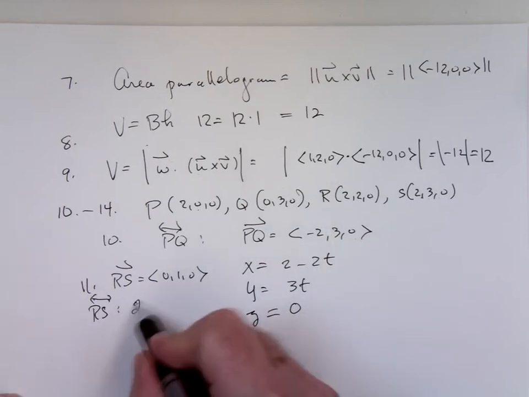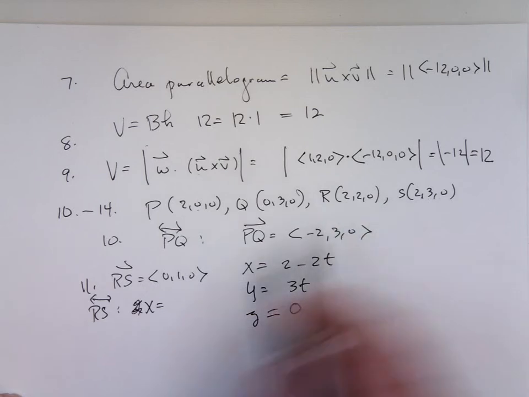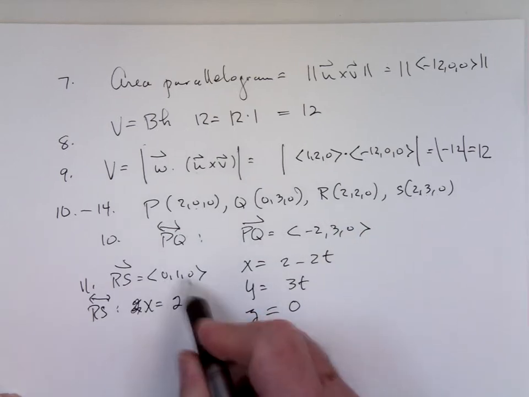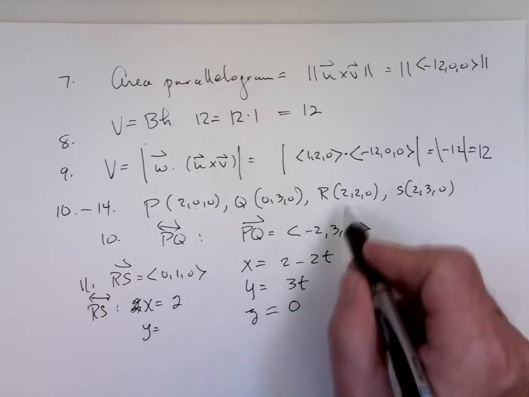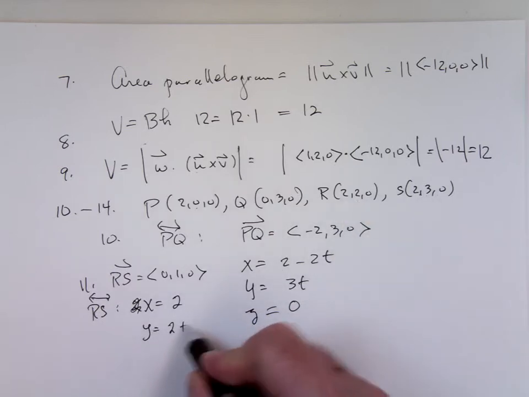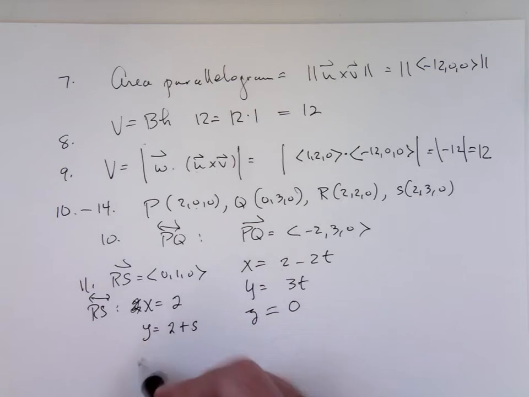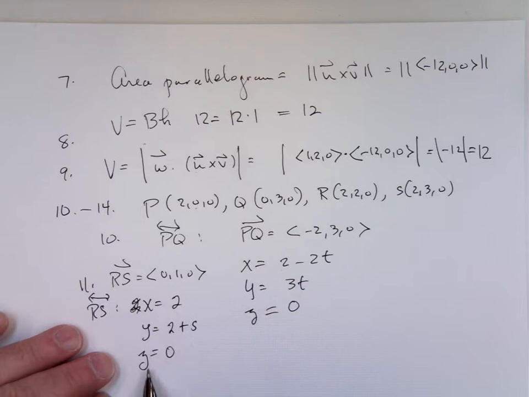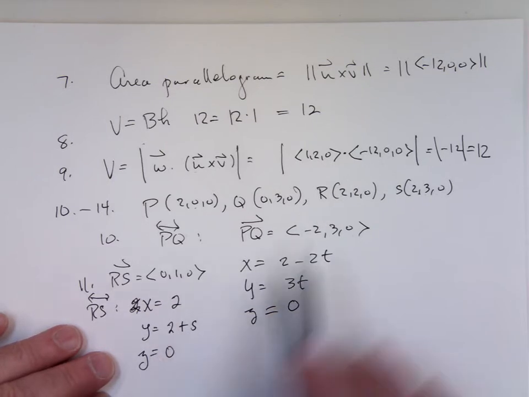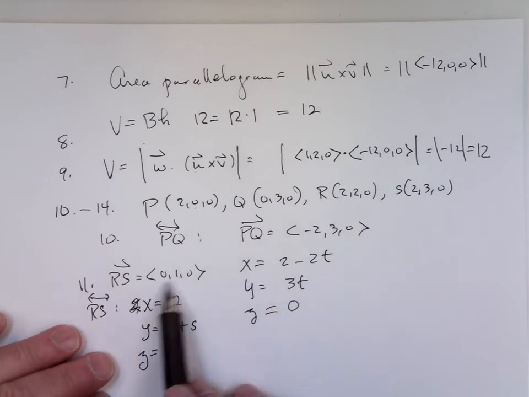X is equal to 2 plus 0s. Y is equal to 2 plus 1s. And the z is equal to 0 plus 0s, 0. That's the equation of line RS. What I'm doing is using point R with this direction vector.